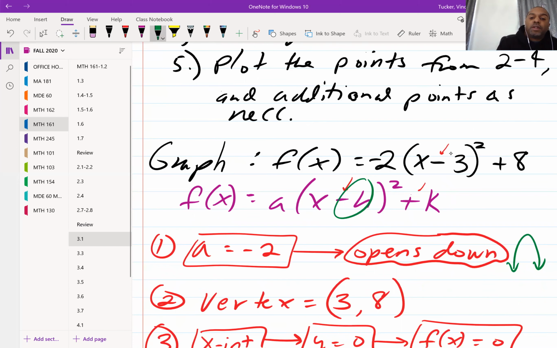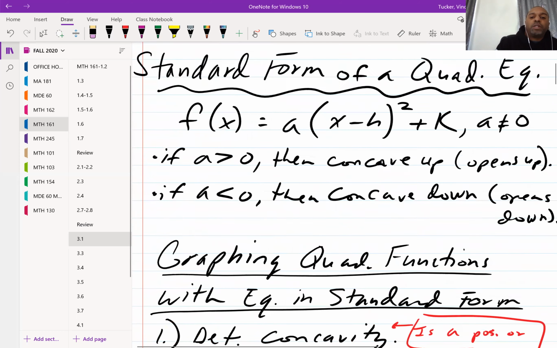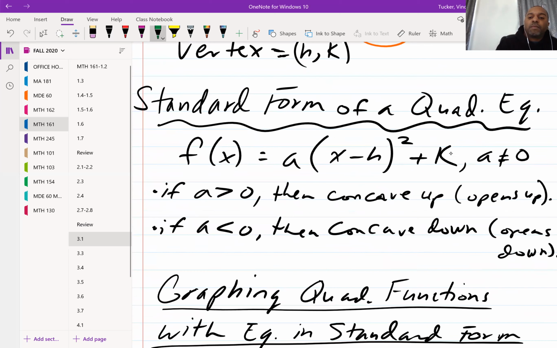We take the opposite sign of h, because that's x minus h, and when it comes to k, we use the exact sign that we see.